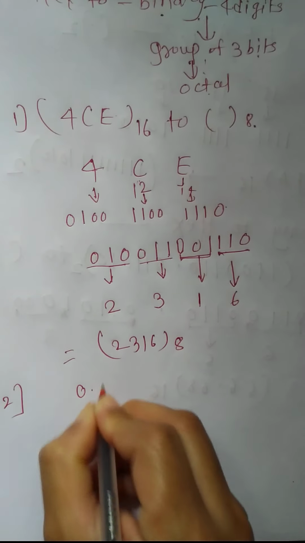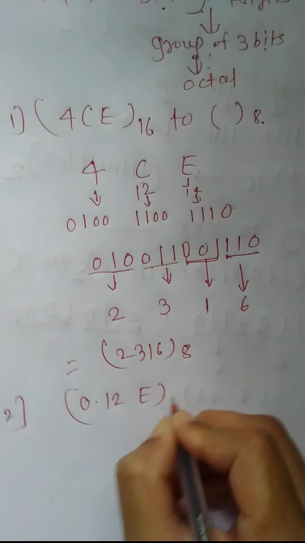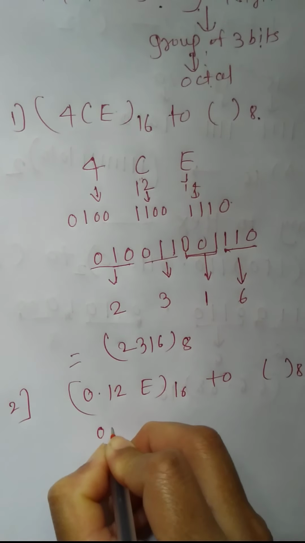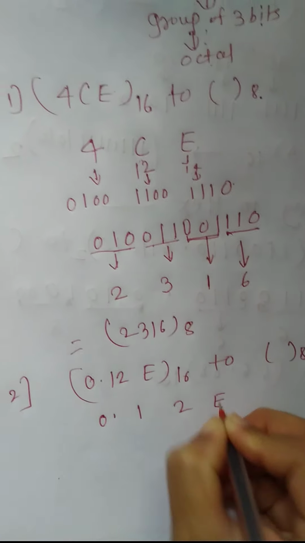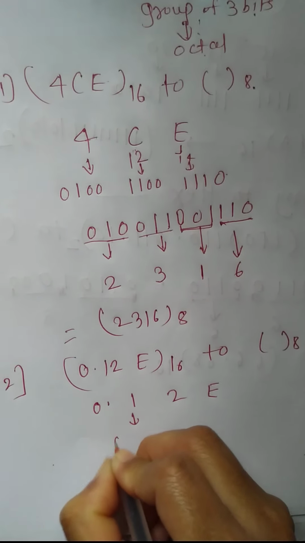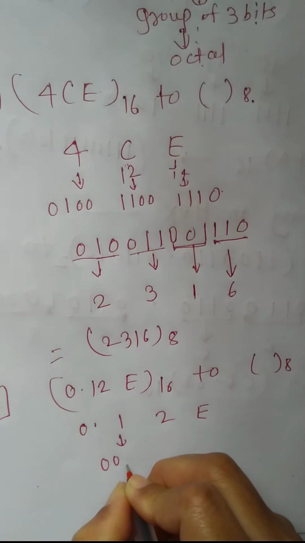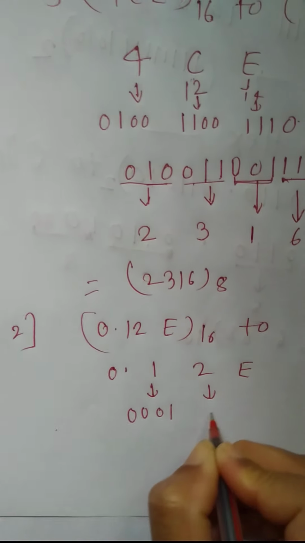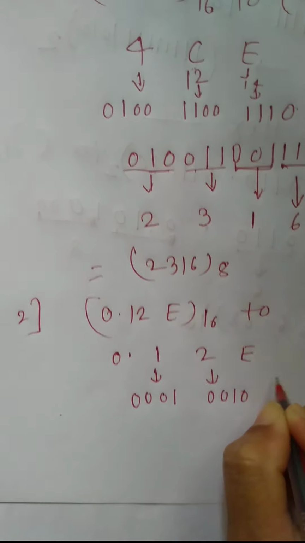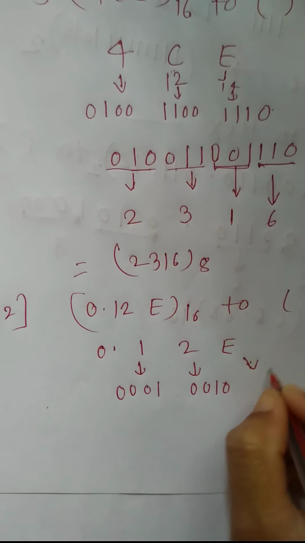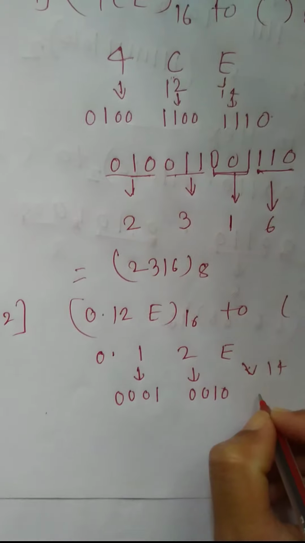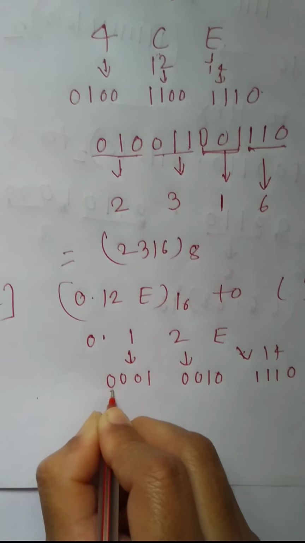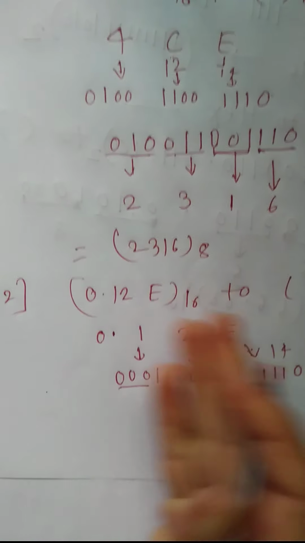Second example: 0 1 2 E in base 16 to base 8. The 1 is represented in 4-bit binary as 0001. This 2 is represented as 0010, and this E is the number 14, which is represented in binary as 1110. Grouping starts from the point, on the right-hand side.